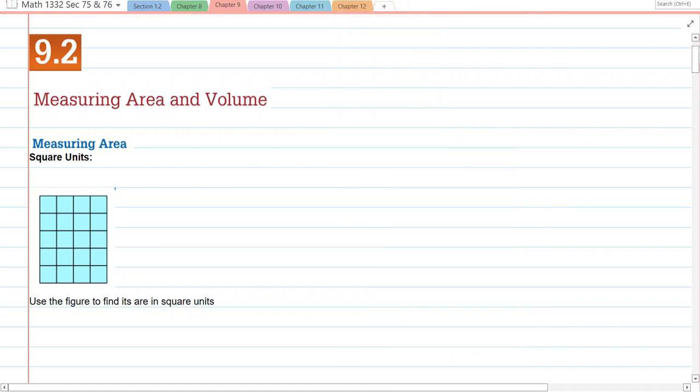All right, let's get going on section 9.2, which is measuring area and volume. Area is a two-dimensional plane, flat surface.